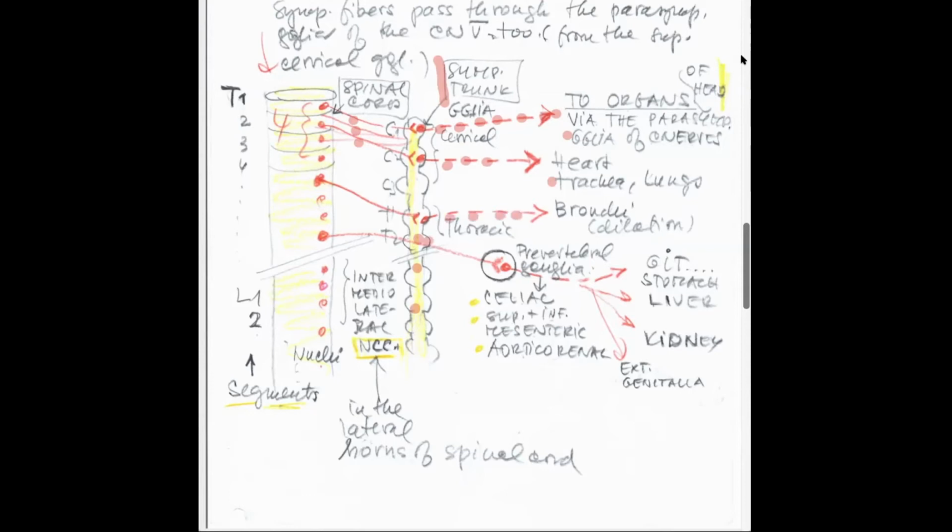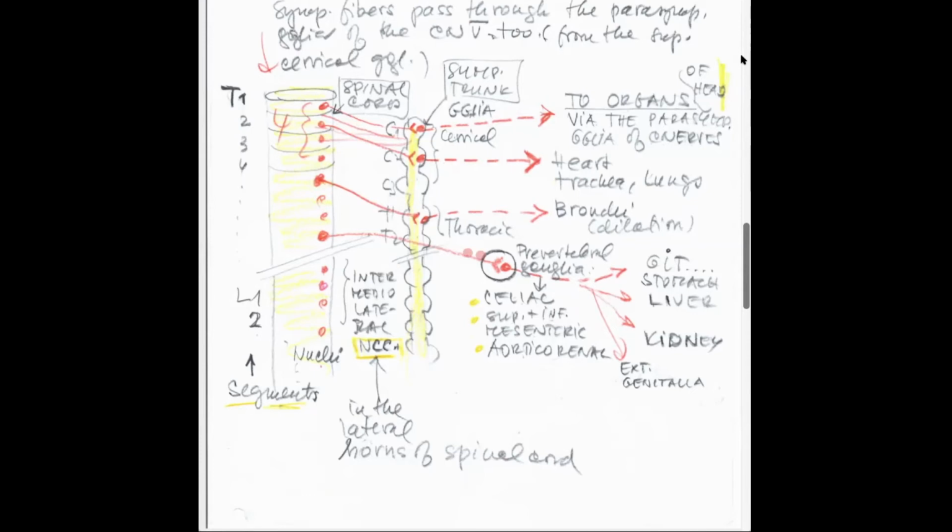And then we are looking at a specific course of the preganglionic fibers, which originate from the segments of the spinal cord. They run separately without interruption, are synapsed at the level of the prevertebral ganglion, which are, as we said, celiac, superior mesenteric, inferior mesenteric, and aortico-renal.